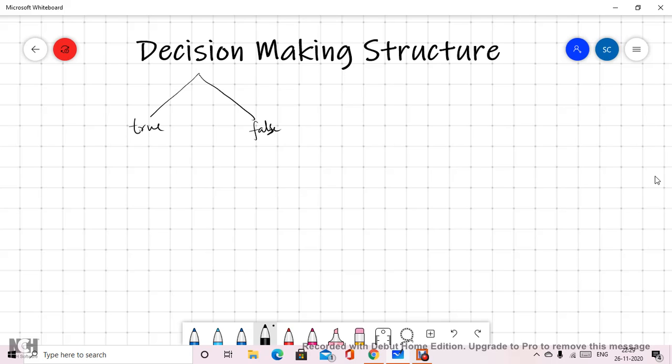Let us look at the general form of a typical decision-making structure, which can be utilized in representing the algorithm or in a flowchart.